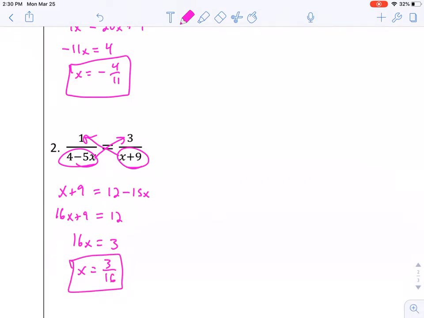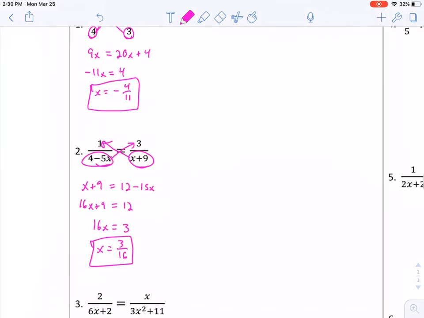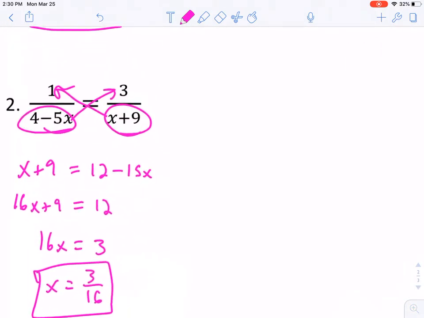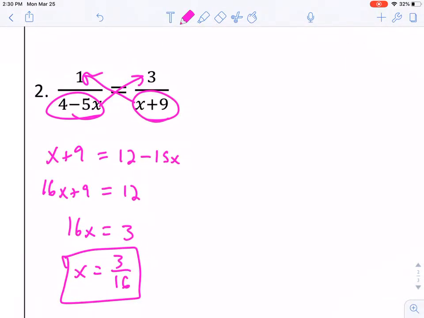Okay, now each time you do this, you have to look at your denominators, especially starting here, because you have x's in the denominator. We look at it and go, all right, well, if it's negative 9, that would make this 0.